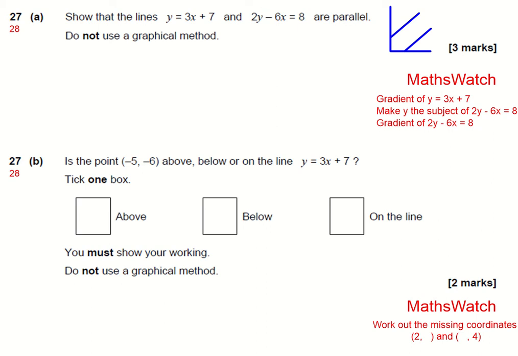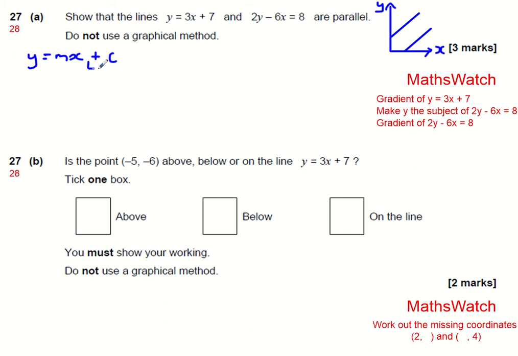Now, where you find that comes from the equation of a standard line. You often see this called y equals mx plus c. The y and the x are the x and y coordinates and the axes on the graph. So we've got x and we've got y. And we've got the letters m and c.